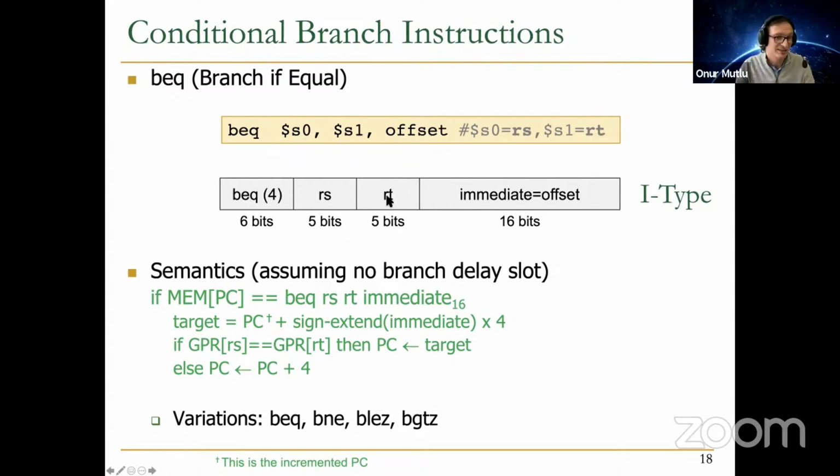If that condition doesn't hold, then PC gets PC plus 4, just like any other non-control flow instruction.